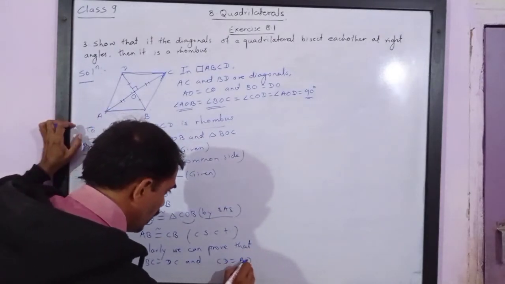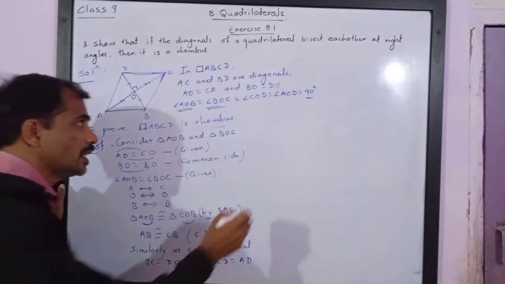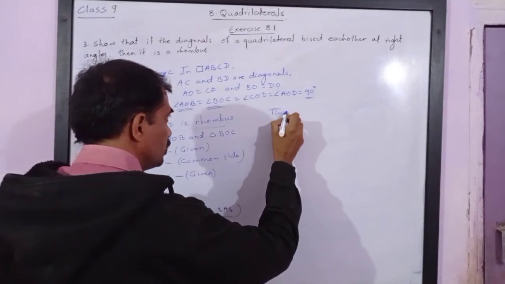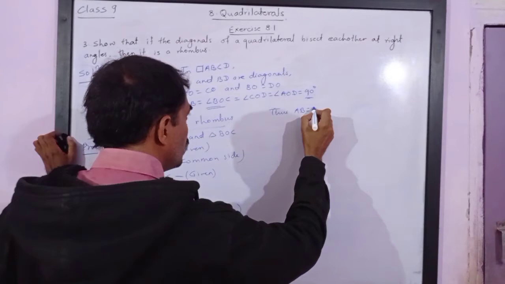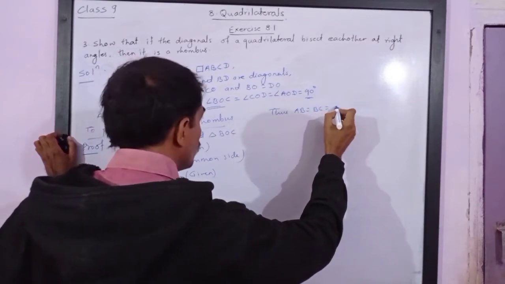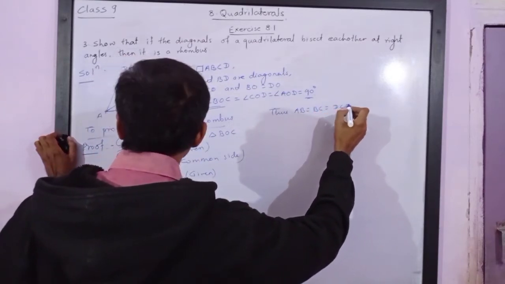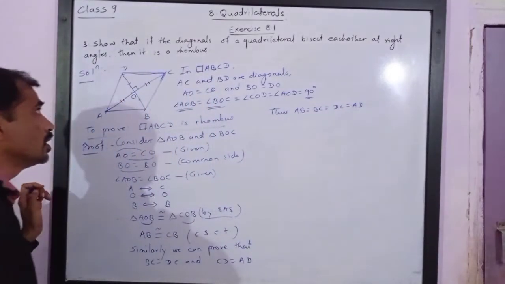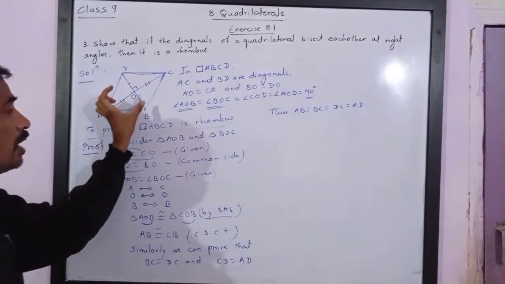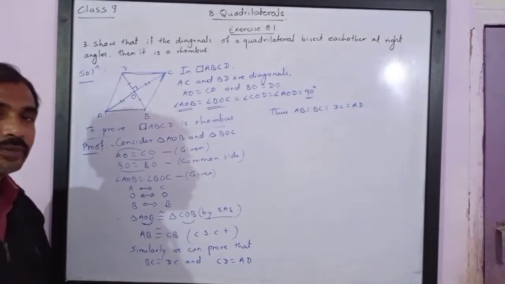Thus, we can say that AB equals BC equals DC equals AD. All sides are equal. Now, we need to prove whether it is a parallelogram or not.